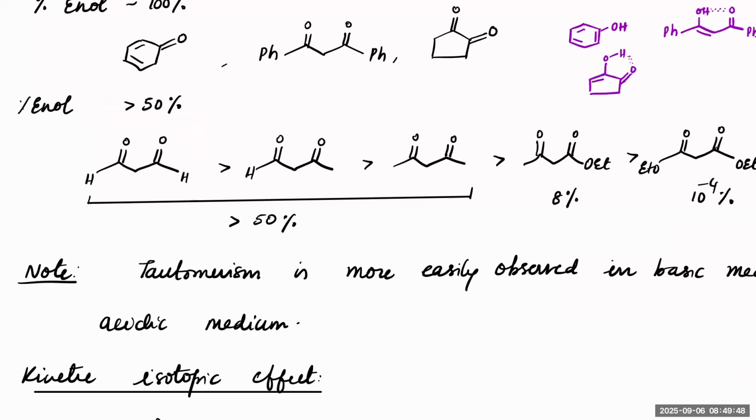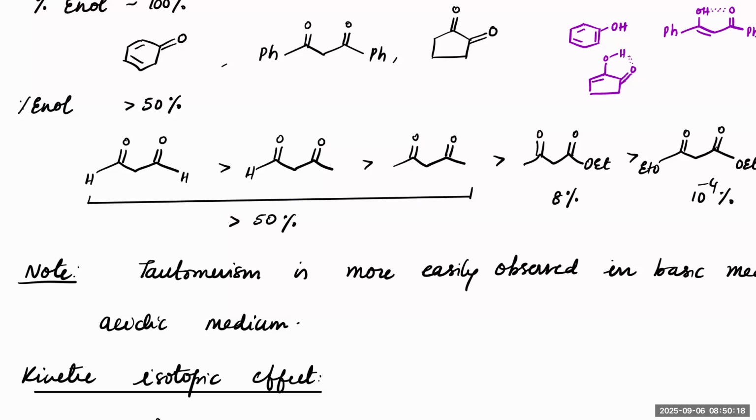See, if you have a dialdehyde, a beta dialdehyde, because these are positioned at the beta position here. So these are beta dialdehyde. One keto aldehyde, so this side we have a keto group and this side we have an aldehyde. Or then we have two keto groups. Now, these cases all have enol content greater than 50%.